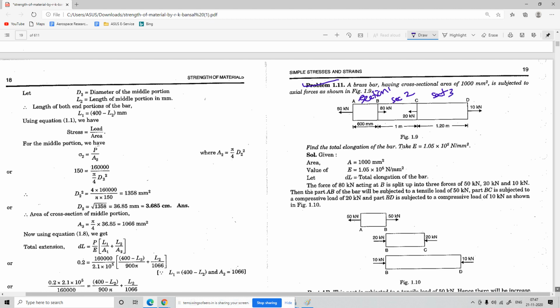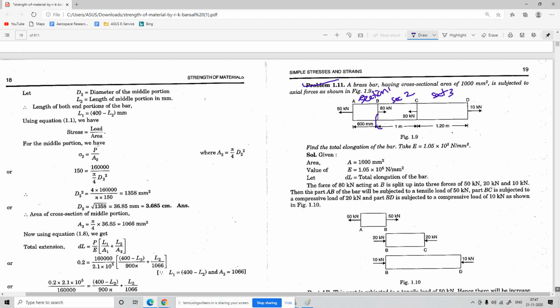So the amount of pulling at point A and at point D is different. In that case, we need to find out the summation of forces. How can we find it?